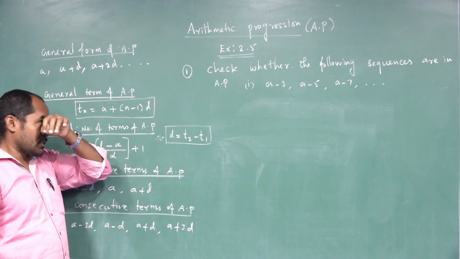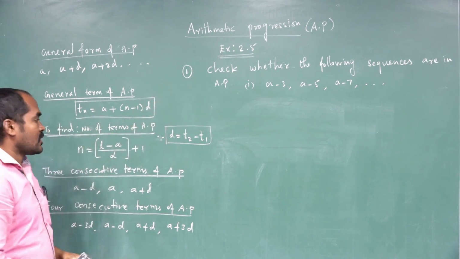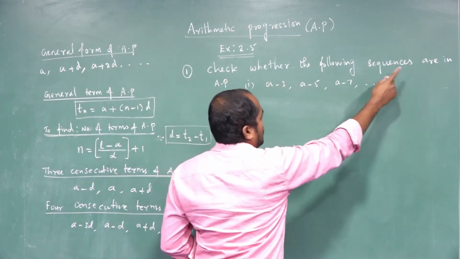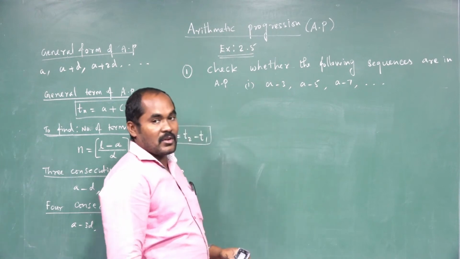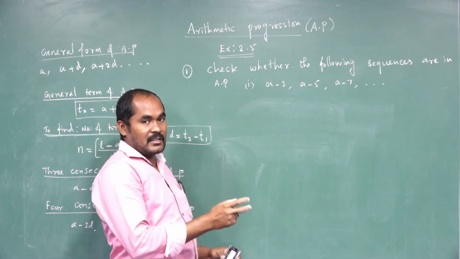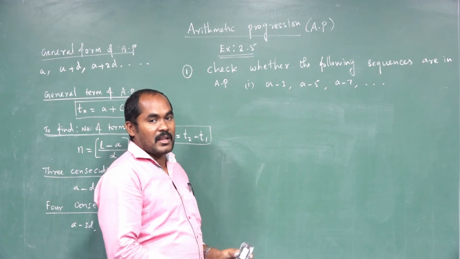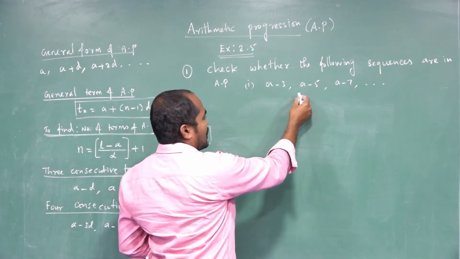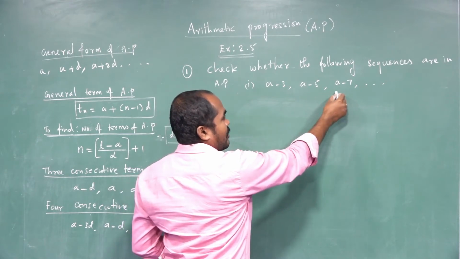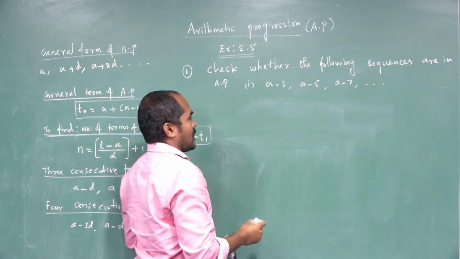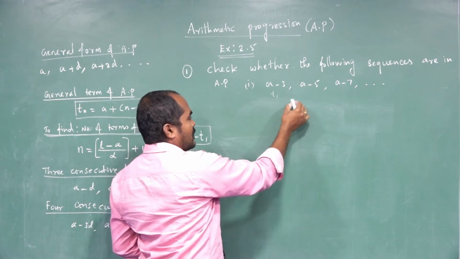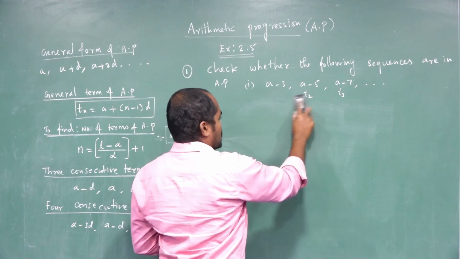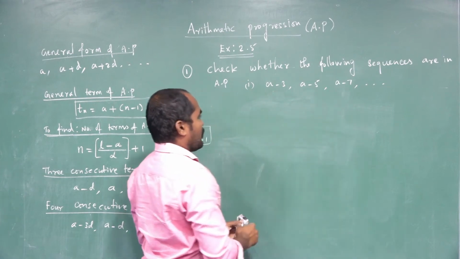Exercise 2.5, arithmetic progression. Listen, first question: check whether the following sequences are in AP or not. Our first sequence is a minus 3, a minus 5, a minus 7, etc. This is T1, this is T2, this is T3, that means first term, second term and third term.